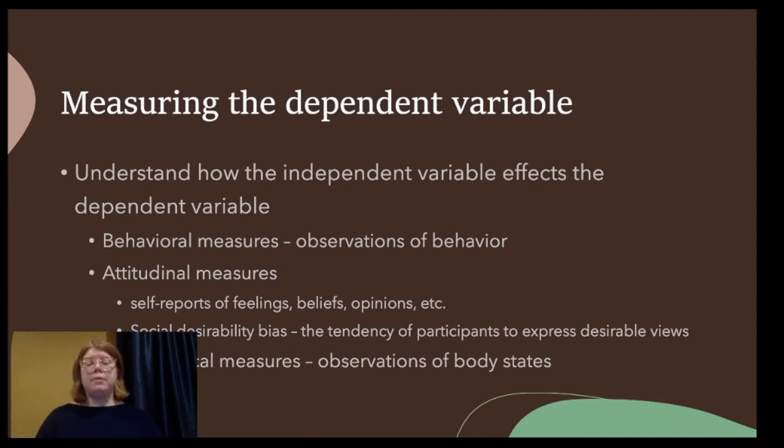I could also, if I really wanted to go deep, measure their level of cortisol in their blood. So there are physiological measures I can take too. Some good things about those, they're impossible to fake. Some bad things, they're really invasive. So those are the kinds of measurements of the dependent variable I can use.